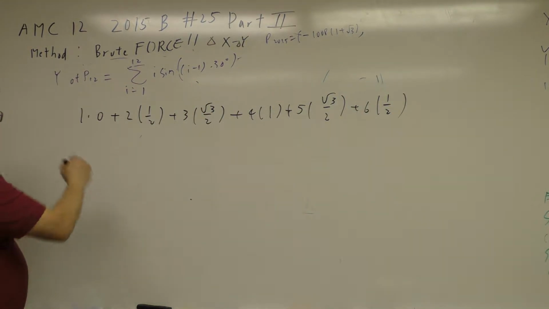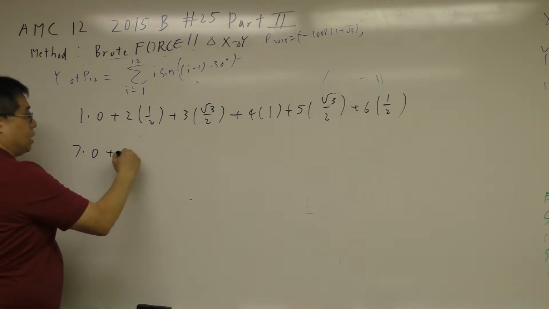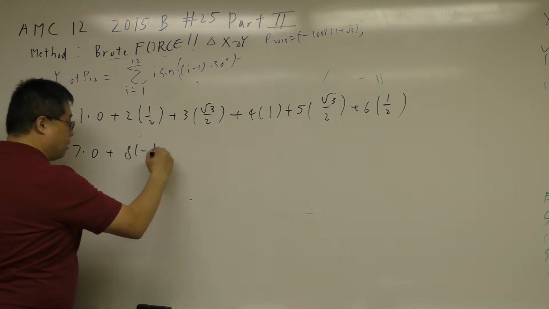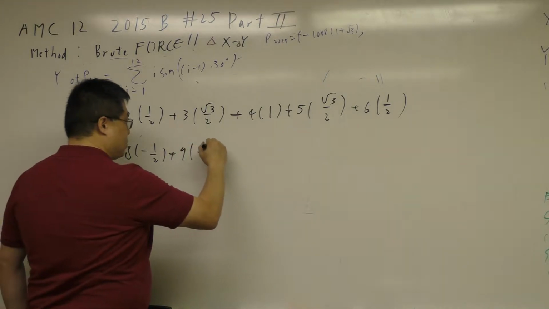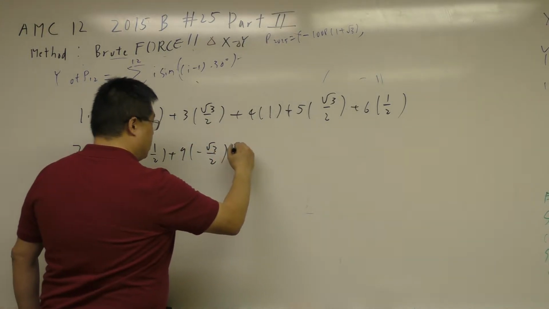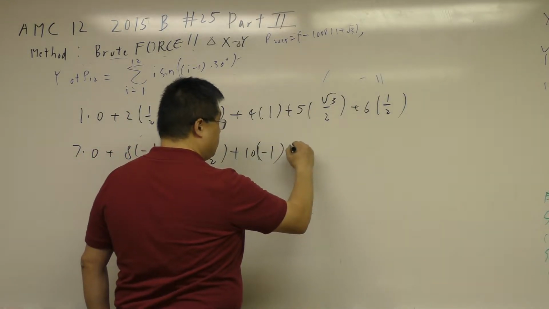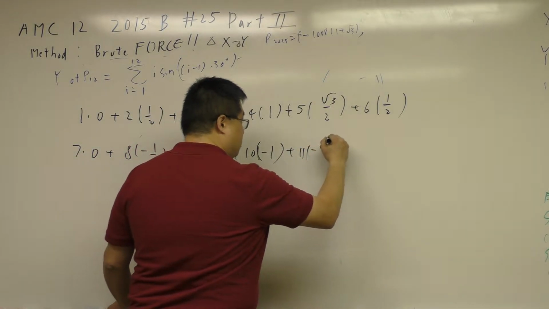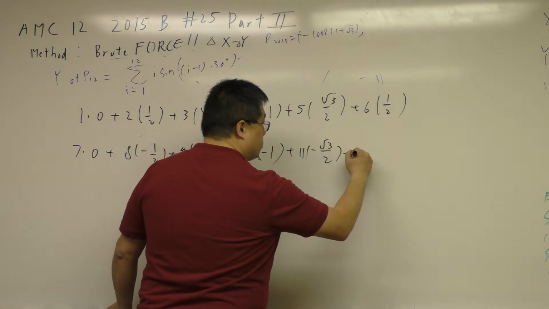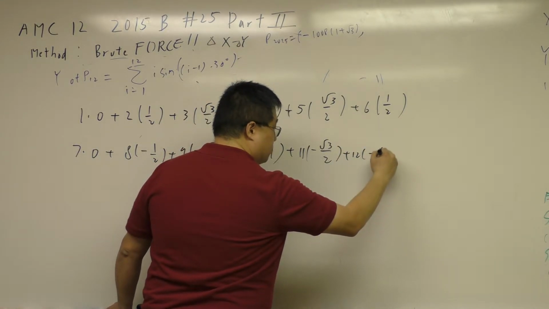And then 7 times 0, plus 8 times negative 1/2, plus 9 times minus square root 3 over 2, plus 10 times minus 1, plus 11 times minus square root 3 over 2, plus 12 times minus 1.